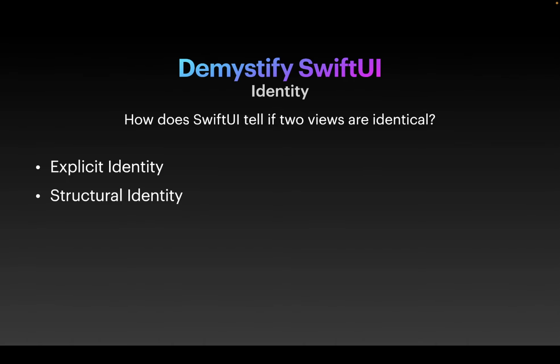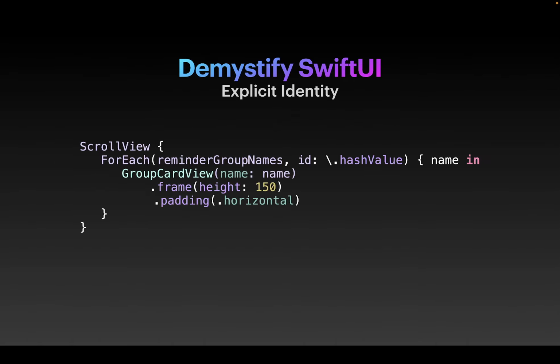For explicit identity, you have been using that a lot so far. For example, you have a score view and use a ForEach to loop through some data. Take a look at this one. You remember you have to specify some id, right? Or you can conform that view to the Identifiable protocol. By doing that, you're telling SwiftUI the ID for each view.